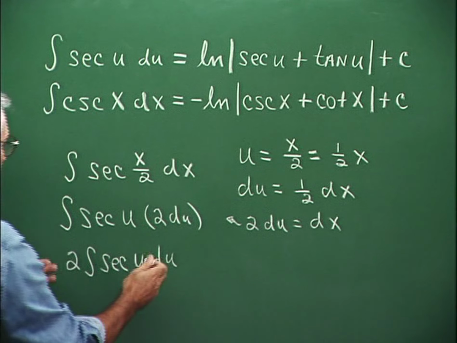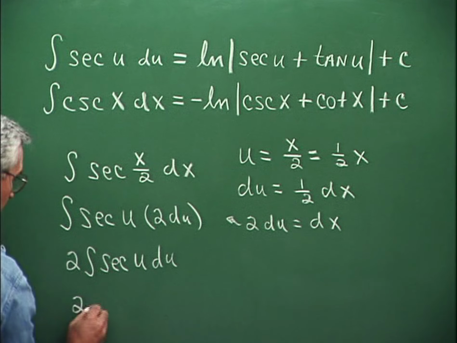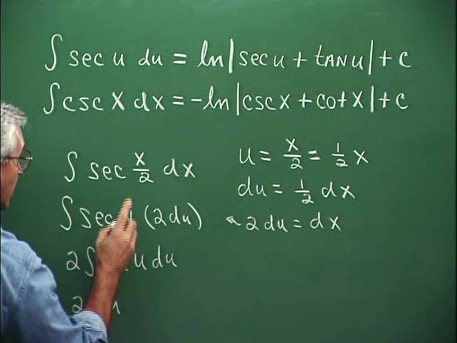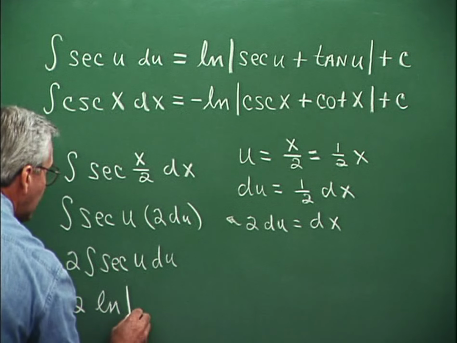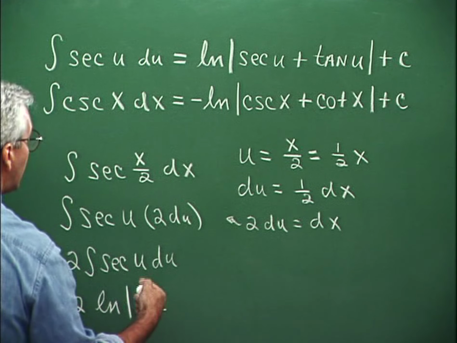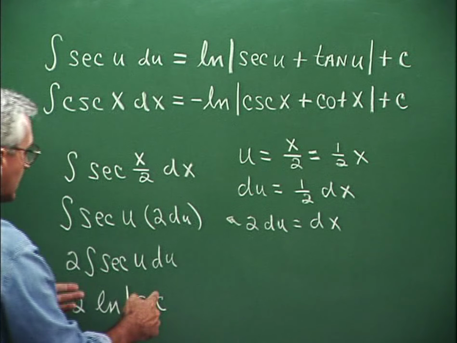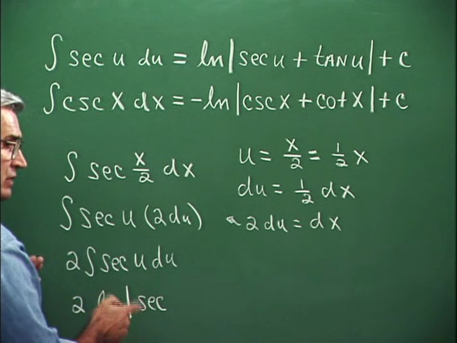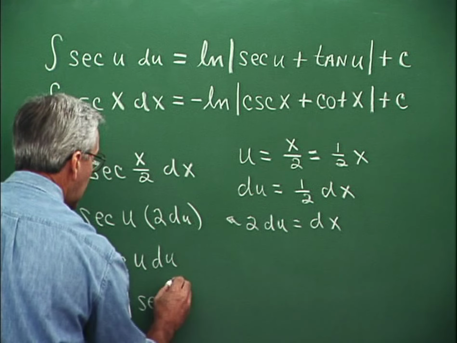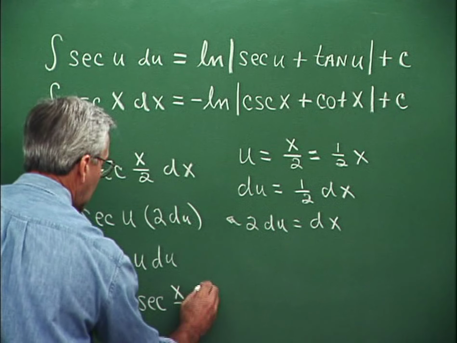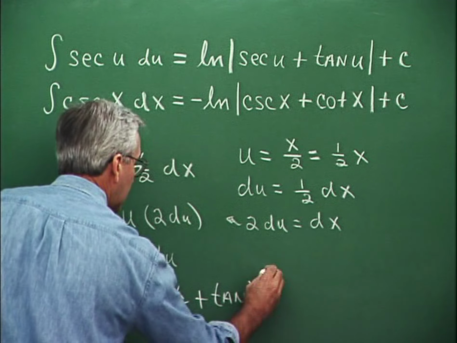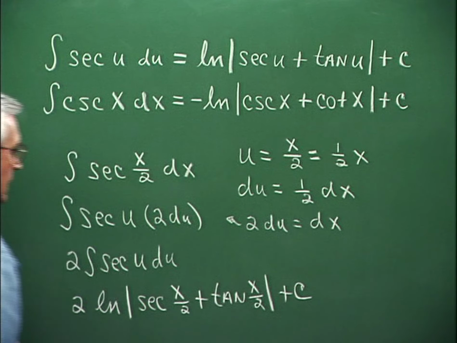So it's 2 ln, and then from the formula up there, it's the absolute value of secant u plus tangent u. But at the same time that I write this, I can back substitute for u. Remember, u is x over 2, so it's secant x over 2 plus tangent x over 2, plus a constant.